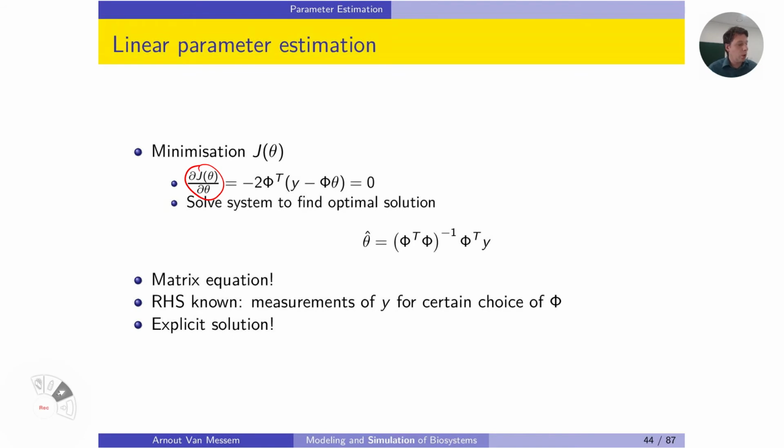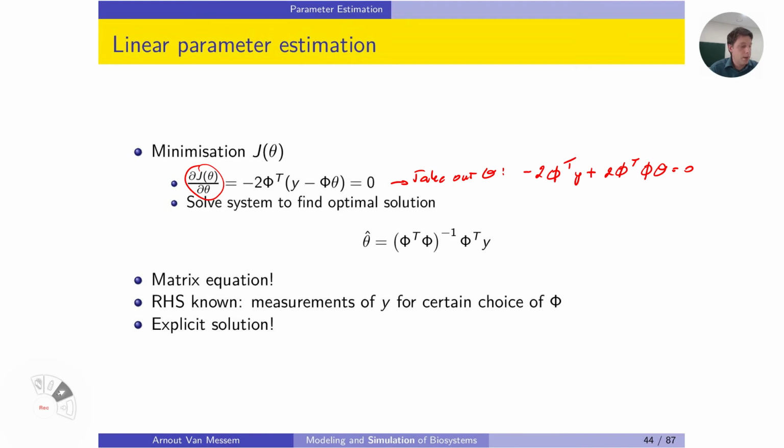And then you can solve this, so you can easily take out theta by just noticing that this is minus 2 phi transposed y plus 2 phi transposed phi theta equal to 0. You want to have theta on one side, so the minus term becomes plus.